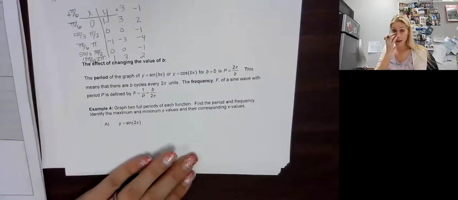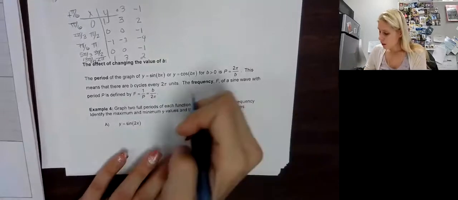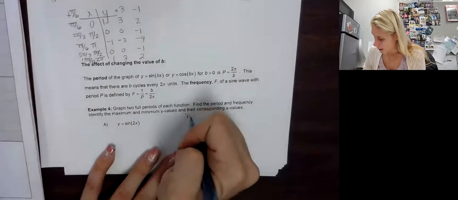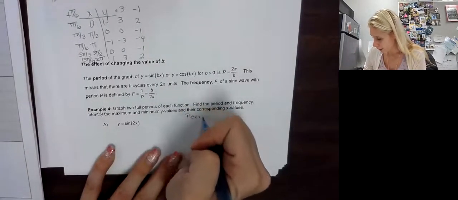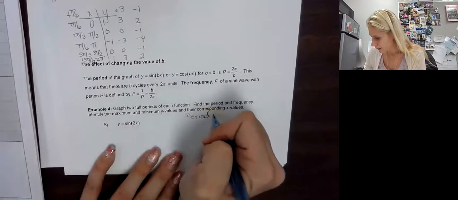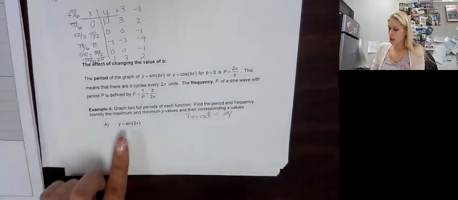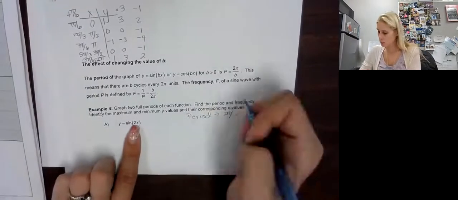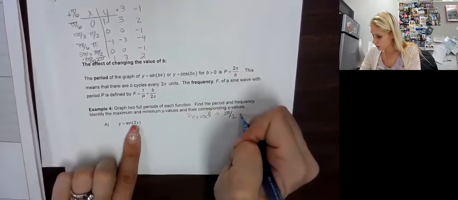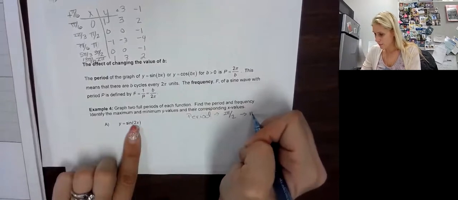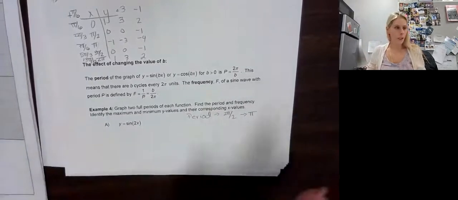So now we're going to graph the two periods. We're going to find what the period is. So when we find the period, we take 2 pi and divide it by the coefficient in front of x, which in this case is 2. So pi. Now, what does that mean?